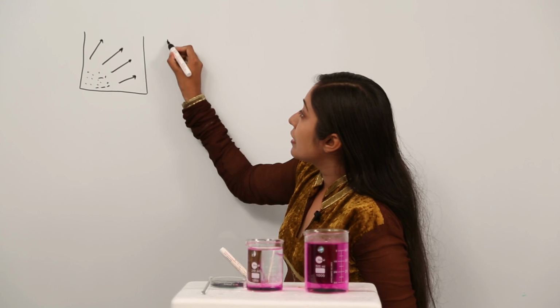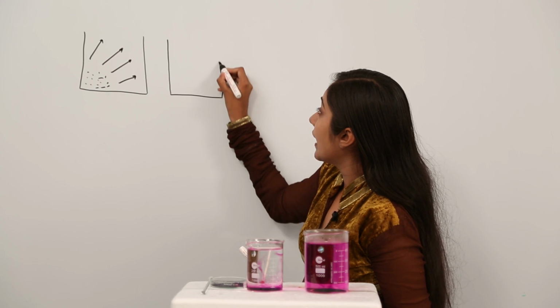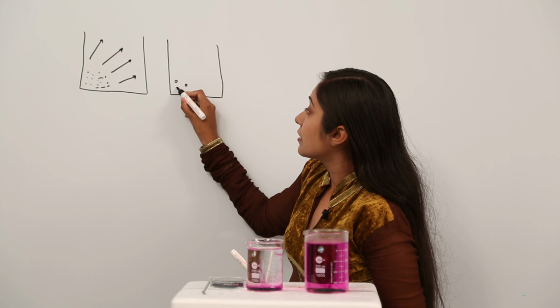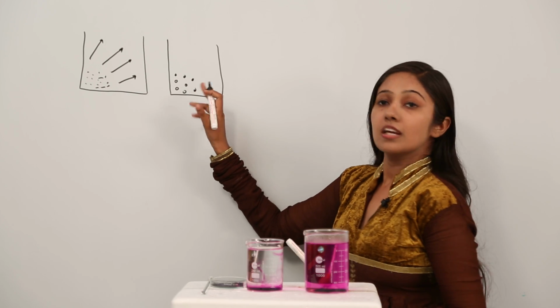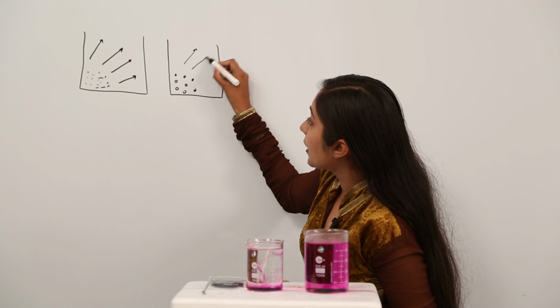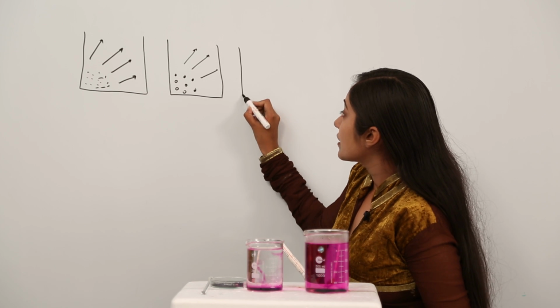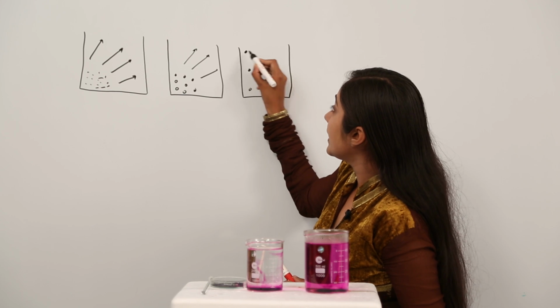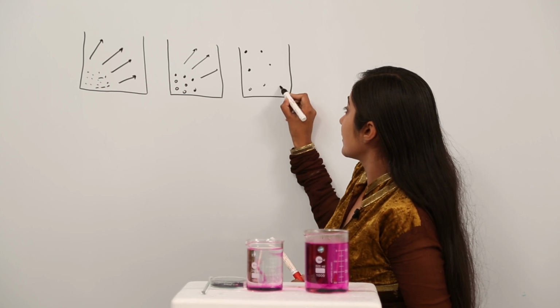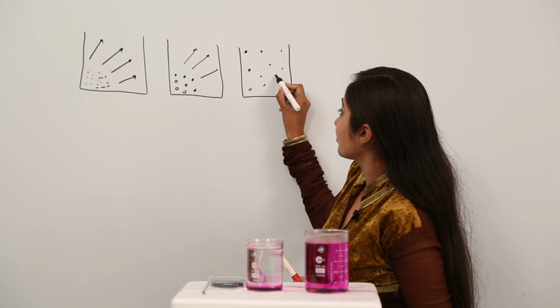After some time, if I demonstrate this with the help of molecules, the molecules are more in number at this side, at the region of the higher concentration. Slowly they are going to spread. How will we show this? Slowly the molecules are going to spread evenly in the entire beaker containing water.